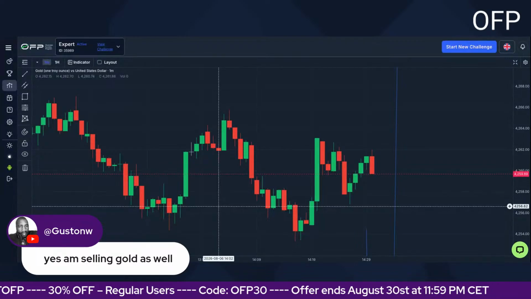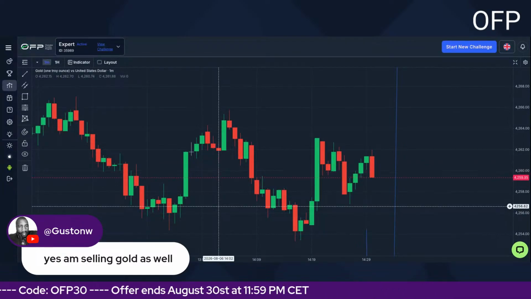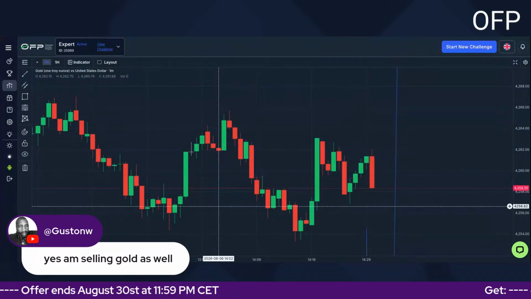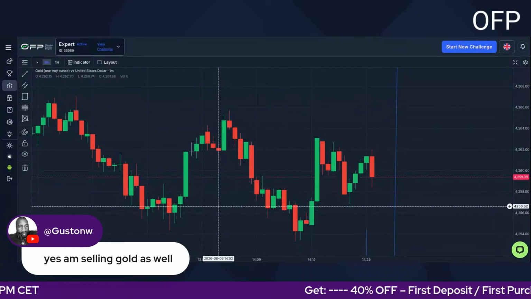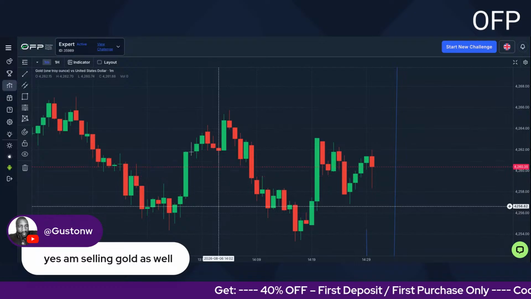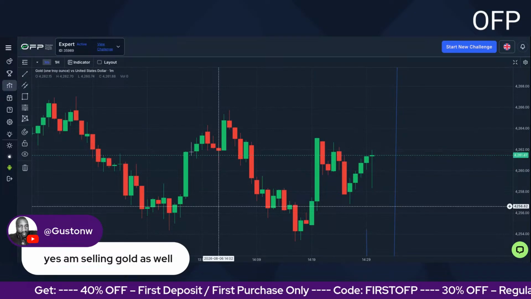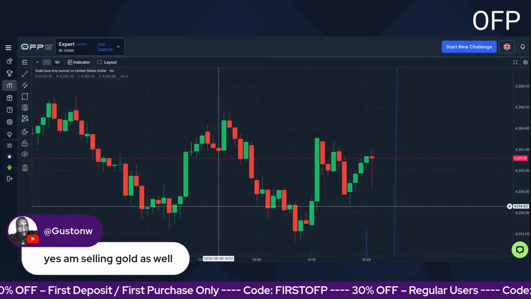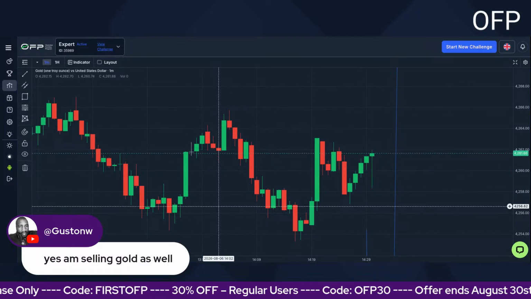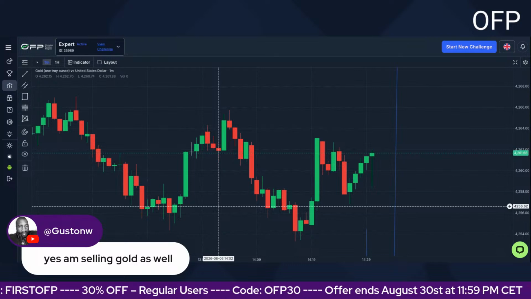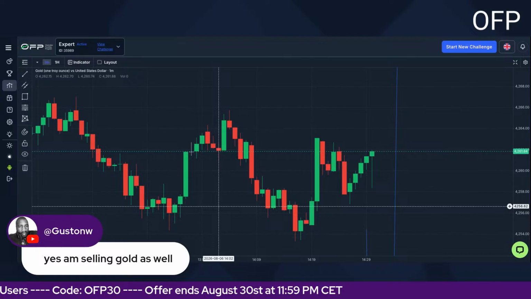The candle is printing red. Initial jobless claims 199 versus 202. So this is kind of good for the dollar. Though gold wants to go up, I can see. Yeah, so estimate was 202K, but it's actually better than expected. It's 199K.